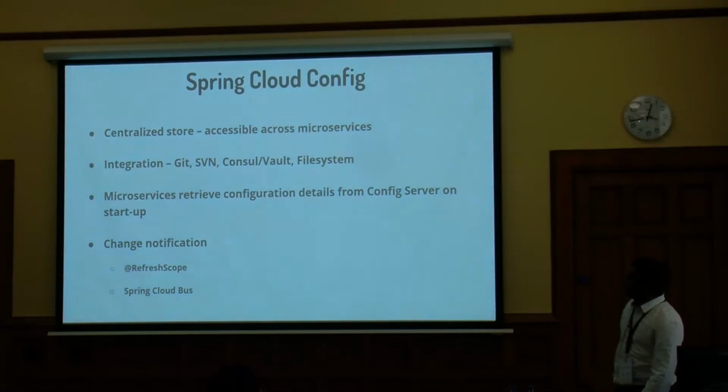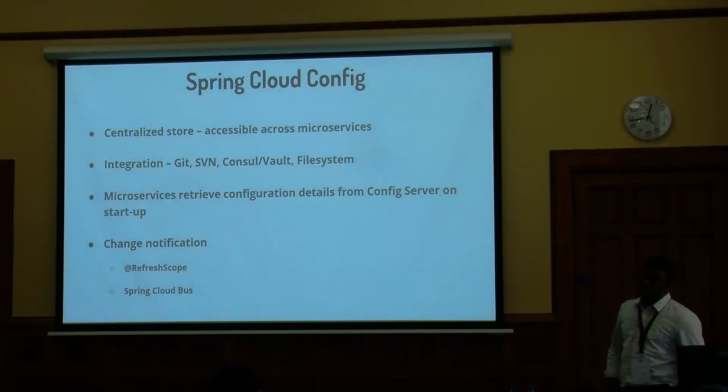The configuration details are retrieved from the config server on startup. Actually, Spring Cloud Config is nothing but a configuration system which will contain all your configuration properties isolated from the microservices. So you develop a separate config server, or what you call a config service, which will contain all the properties that your downstream services will be using.